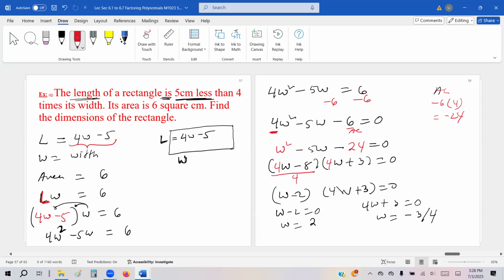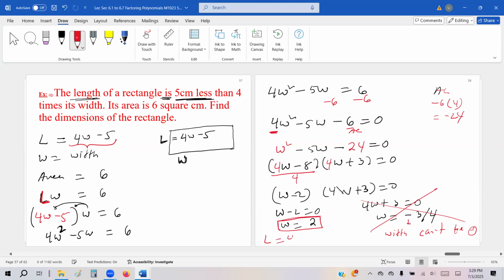Exactly. We are dealing with real life. So width can't be negative. So we have to disregard these negative results. It's not possible. That means our width is 2, and that tells us what is our length.